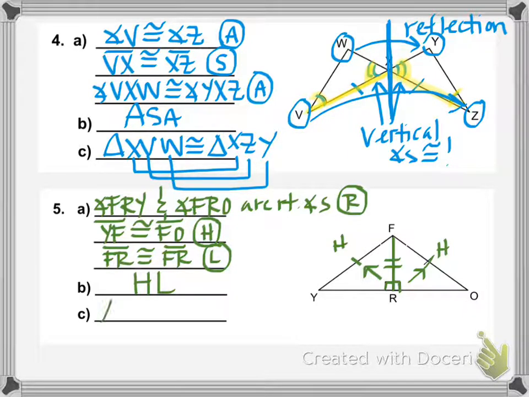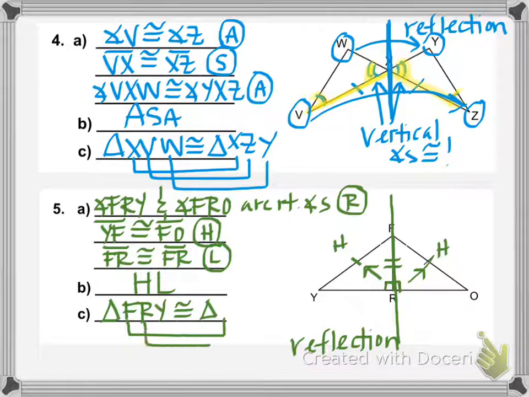Okay? So let's write that triangle congruent statement. It does look like the triangles are also being reflected over that line. This is a reflection. So keep that in mind as you're writing your congruent statement. The triangle on the left, let's just call it triangle FRY, and it's congruent to the triangle on the right. But let's be mindful of the order that we put our letters.